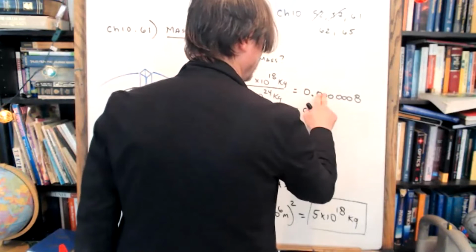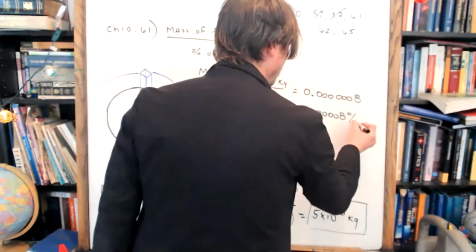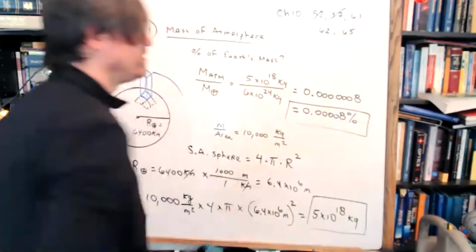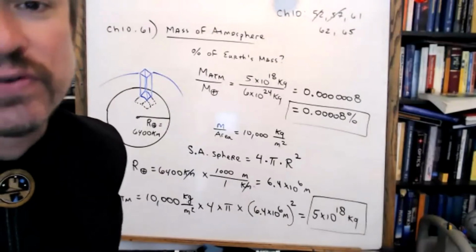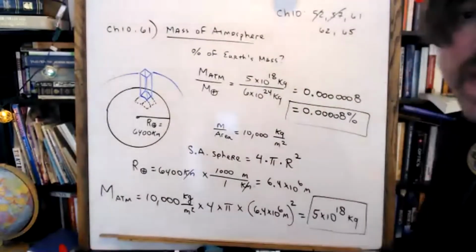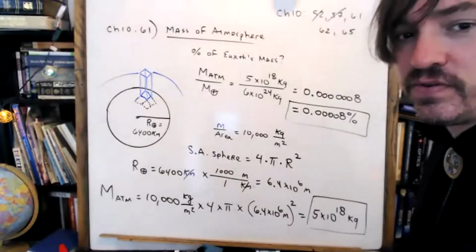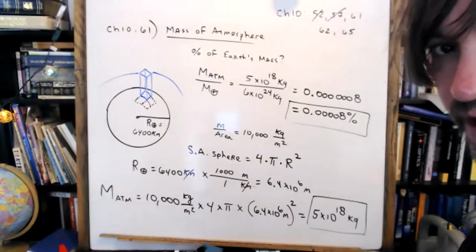So I get rid of 2 zeros. Yeah. That's what percentage the atmosphere makes of Earth. It's truly insignificant. And that's not necessarily obvious before you do this problem, that the atmosphere of a planet makes up such a small fraction of its mass.